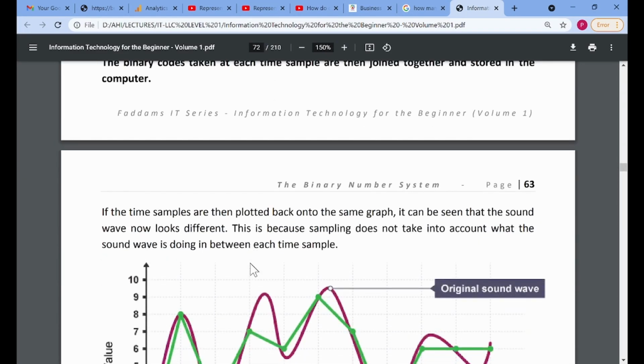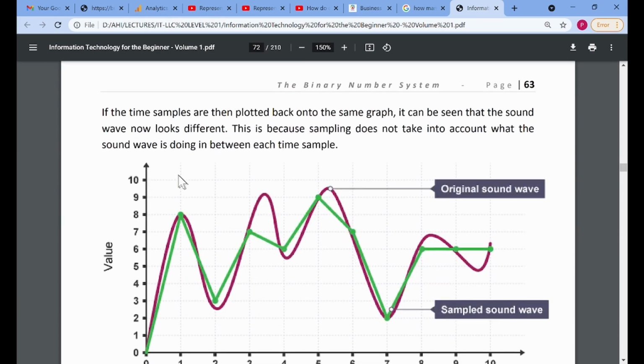Okay, watch this. If the time samples are then plotted back onto the same graph, it can be seen that the sound wave now looks different. This is because sampling does not take into account what the wave is doing in between each sample. So when we record, it doesn't take into account all of this.